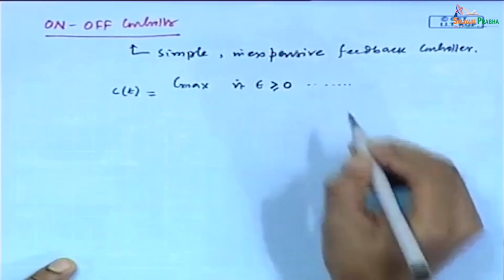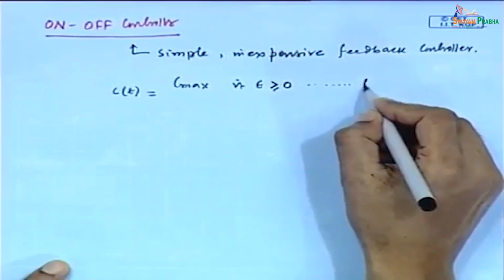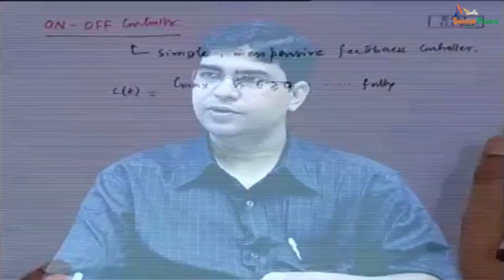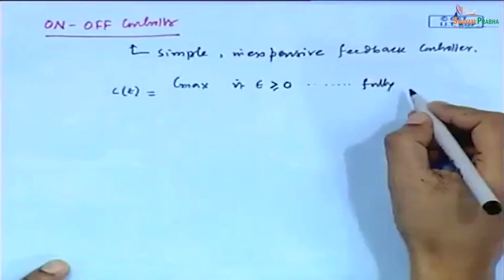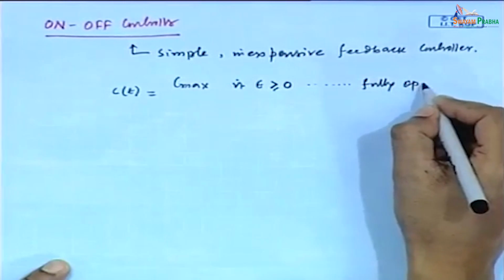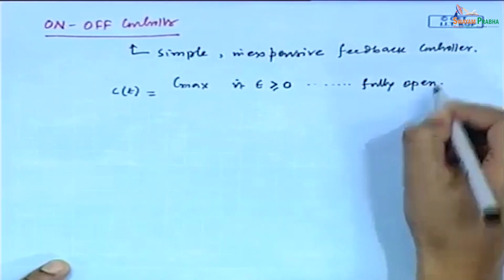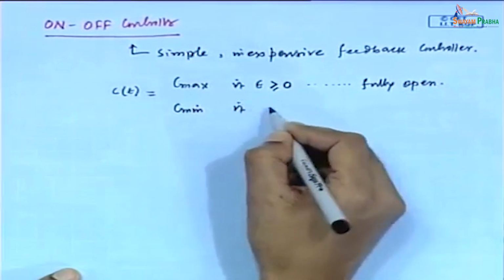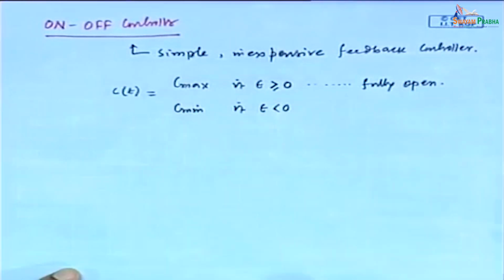If we consider a control valve as a final control element, then Cmax indicates full opening of the valve, 100% opening. Similarly, Ct becomes Cmin if error is less than 0.